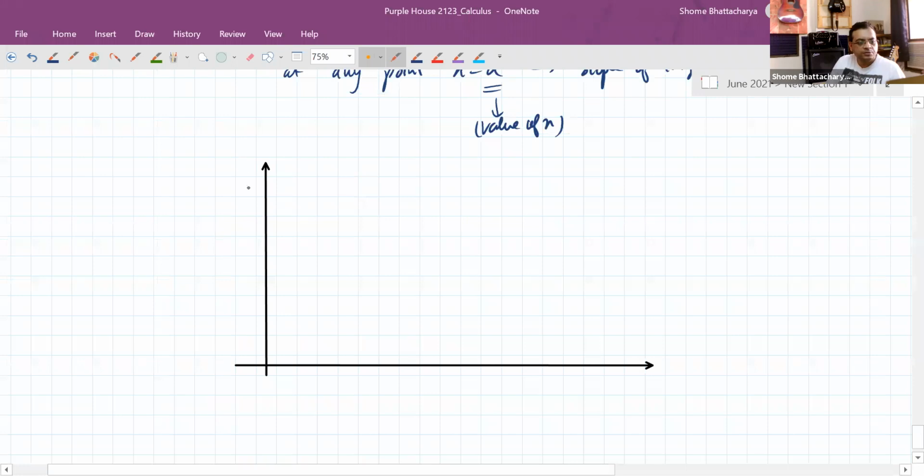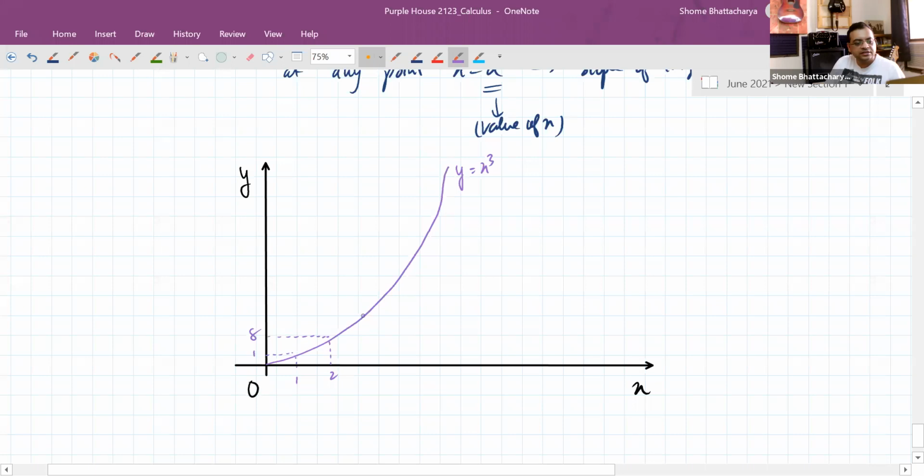If I'm plotting the graph of y is equal to x cube, you will realize that its graph tends to increase rather rapidly like this. Because at x equal to 1, the value of y is 1. But by the time we reach x equal to 2, it has rapidly increased to 8.